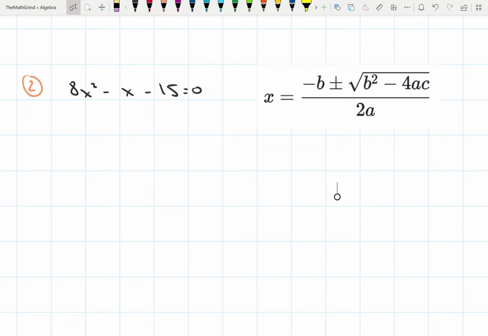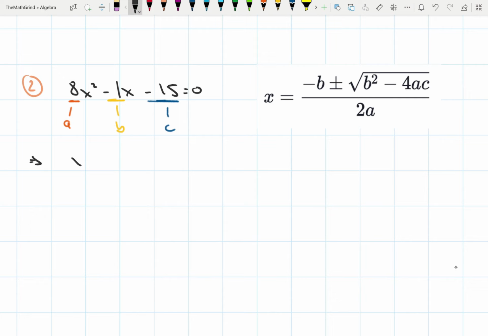So we have the same formula, and again, the a is the value in front of the x squared, so that's my a value. There is a 1 in front of that x, so my b value is negative 1, and my c value is negative 15.